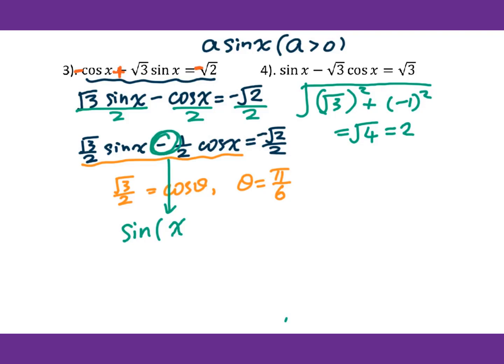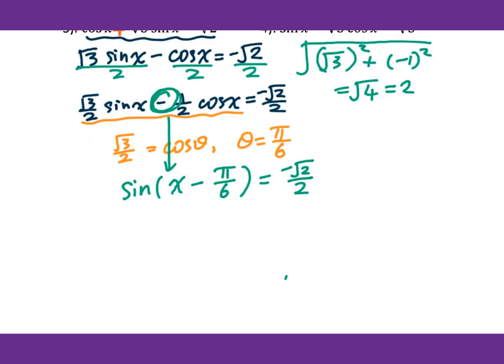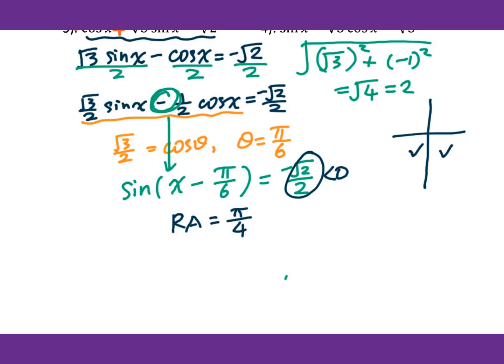This is a minus, so minus pi over 6 equals negative square root of 2 over 2. First of all, we get the reference angle, that's pi over 4, because sin pi over 4 equals square root of 2 over 2. Then this is a negative, that's why we go to the third and fourth quadrant. Angle will be 5 pi over 4 and 7 pi over 4.